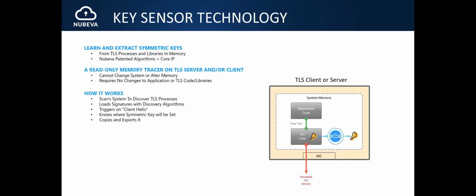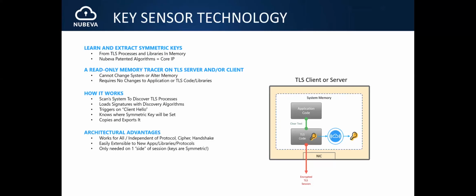And what it does is it scans the system to discover TLS processes. And when it does, it loads highly efficient signature algorithms that understand how to decode those processes. And then it waits to see a client hello at the beginning of a handshake. When it does, it knows where the final symmetric key will be placed in memory associated with that client random or that session, and ultimately copies it and exports it.